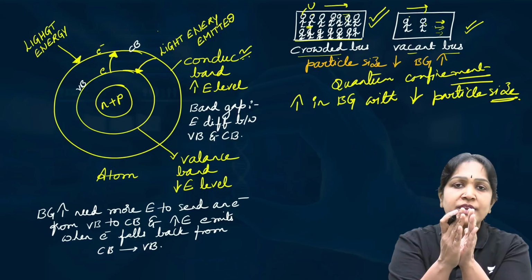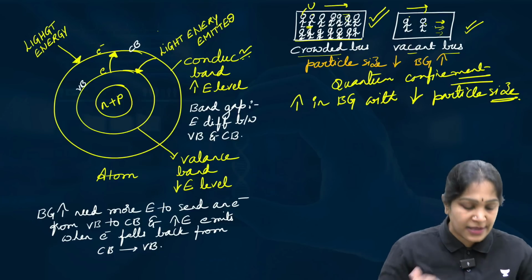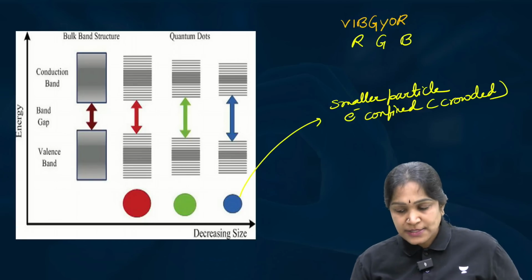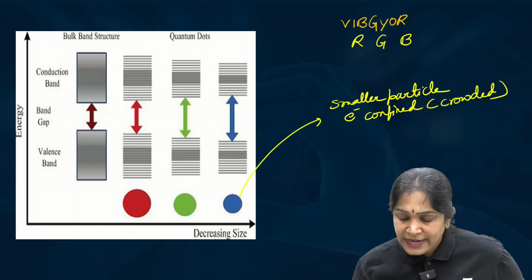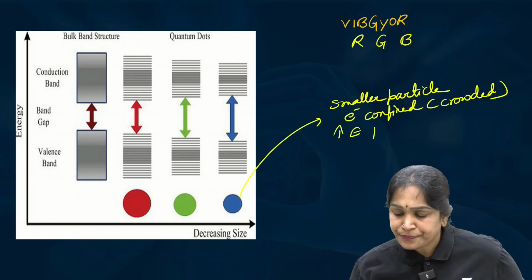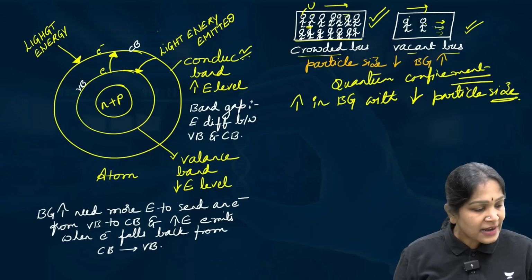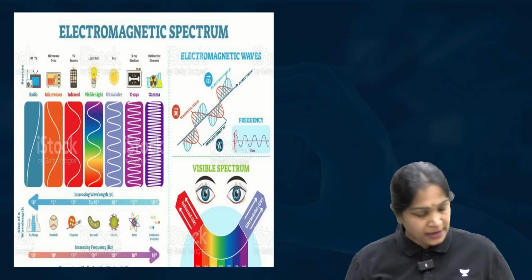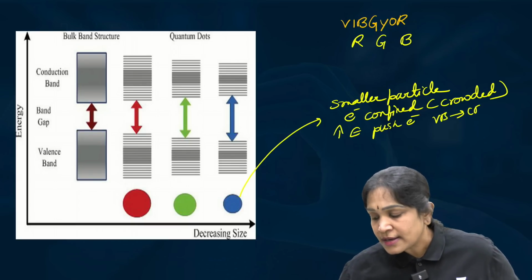The particle size is very small. There are so many electrons, so they are getting confined or congested. So you need more energy to push the electron from the valence band to the conduction band.